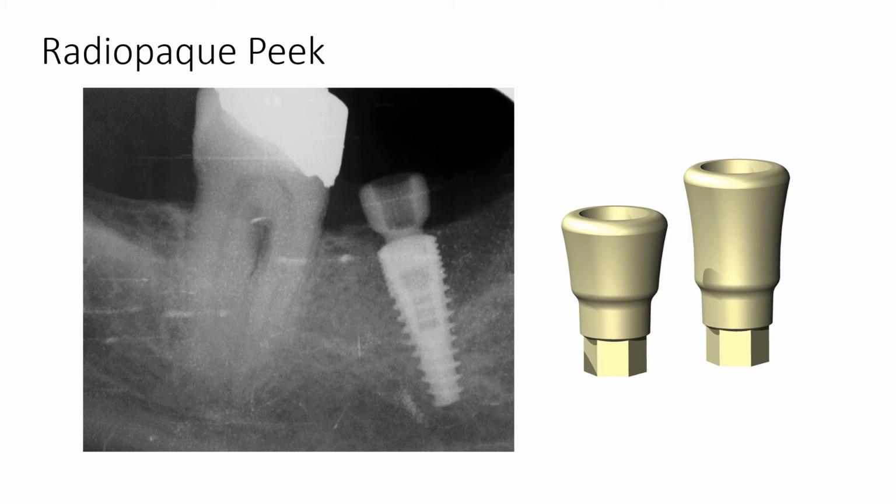Now, this would be very difficult with a titanium component and would often necessitate that the dentist starts to cut away at the patient's prosthesis, which is not only alarming for the patient but also weakens the prosthesis and can predispose to its later fracture and more inconvenience and clinical time.